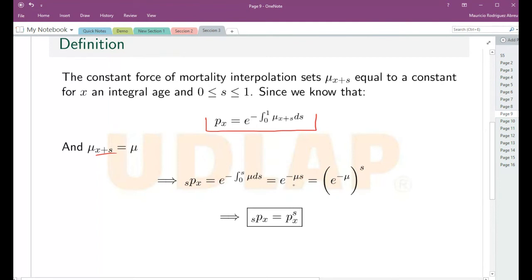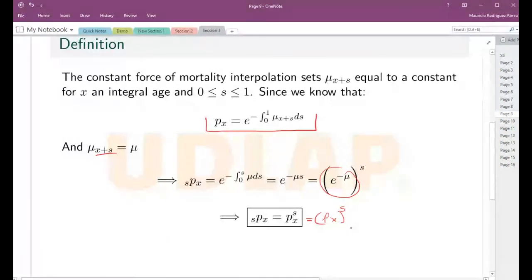Because of the properties of exponents, we can rewrite this, and what we have here is just this probability. So a better way to write this would be px to the power of s.